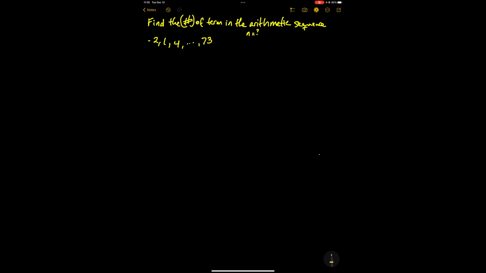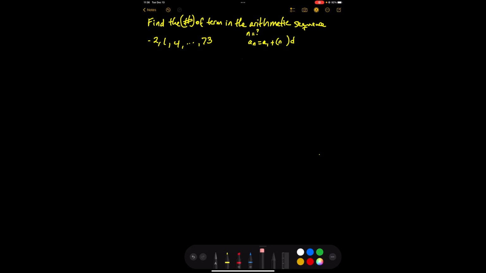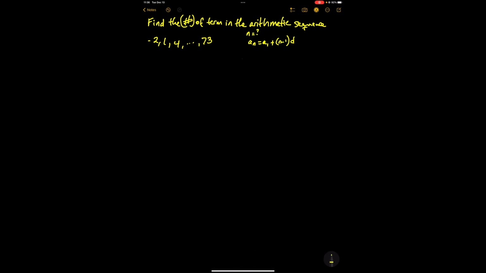So what we're going to do is write the formula. What is the formula for arithmetic sequence? It's an equals a1 plus n minus 1 times d, which is the difference. Usually they give you the number of terms, but this time they're asking you for the number of terms.